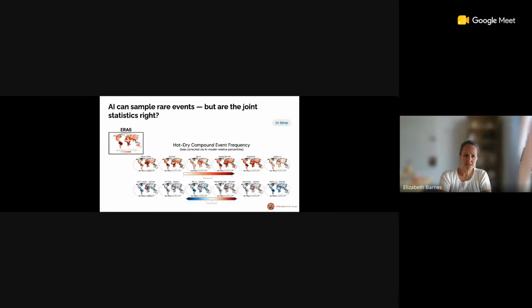The bottom row is the difference between those AI models and ERA5 in the upper left. I think the big point here is that the models all look quite different and have large biases in the frequency of these events, suggesting that the joint statistics still need some work.